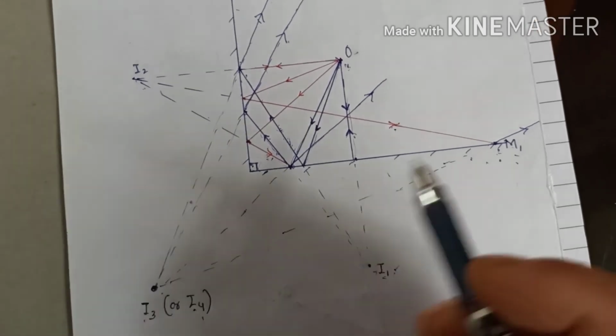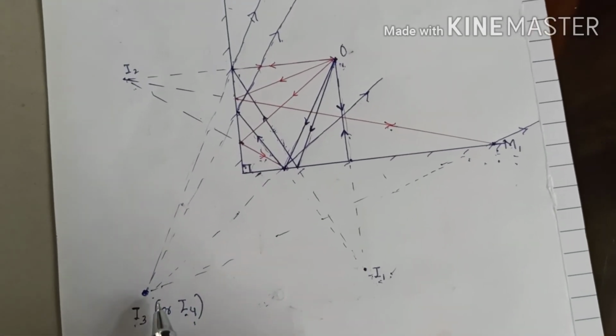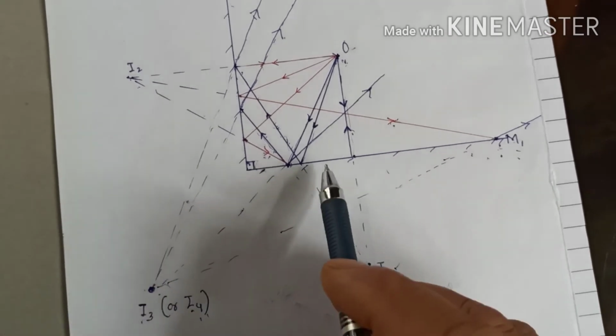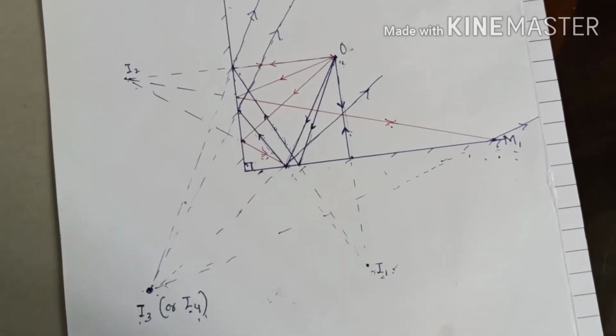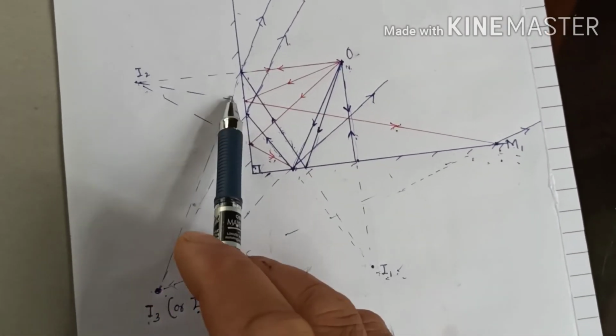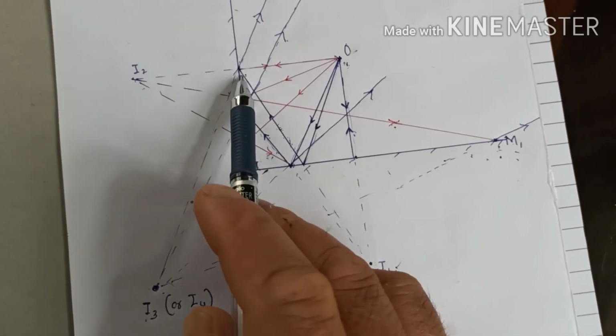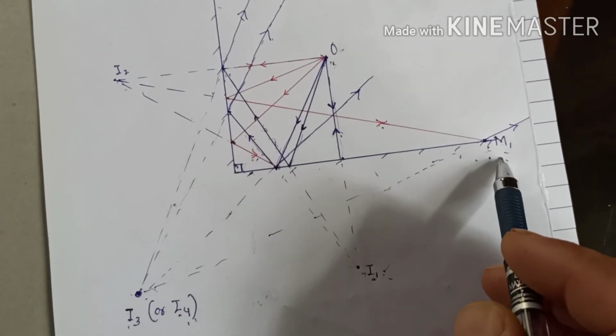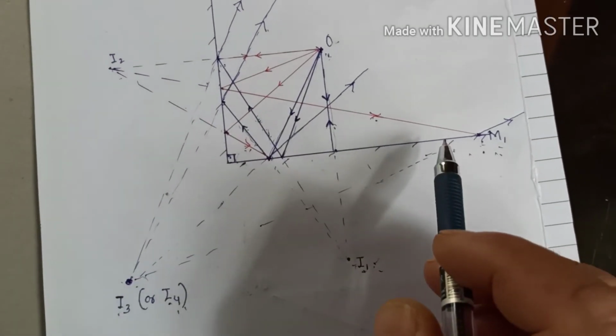Now further images cannot be formed because I3 or I4 are lying behind both the mirrors. The image of I1 was formed by M2 because I1 was in front of M2. The image of I2 was formed by mirror M1 because I2 was in front of M1.